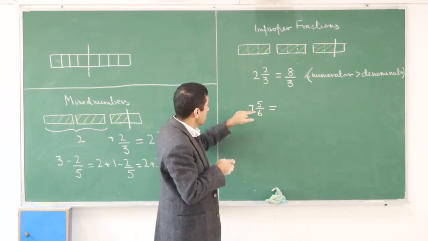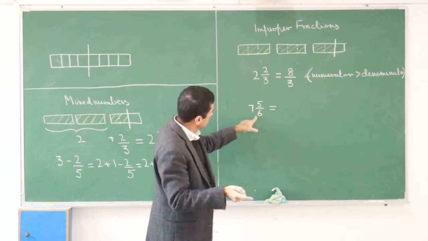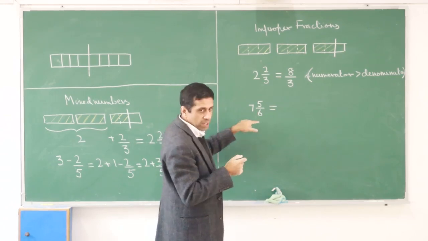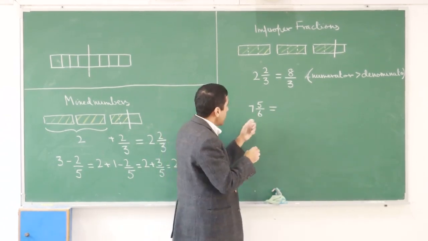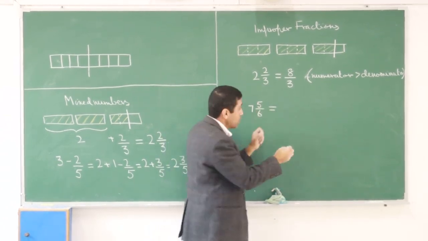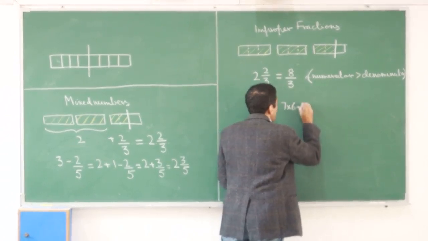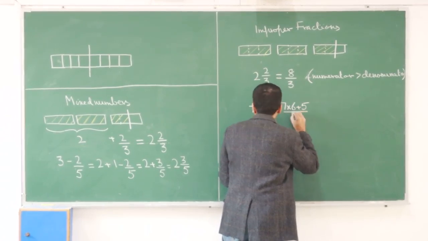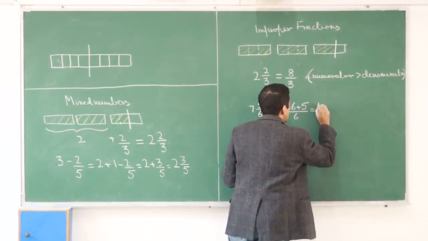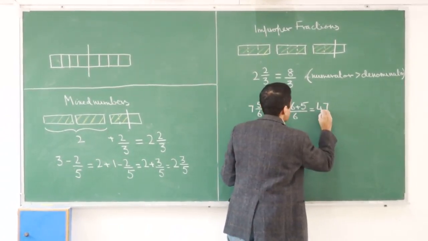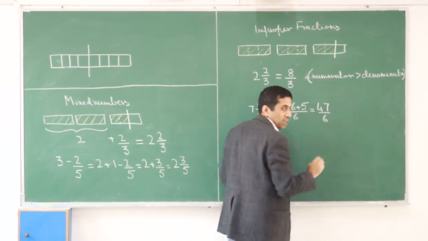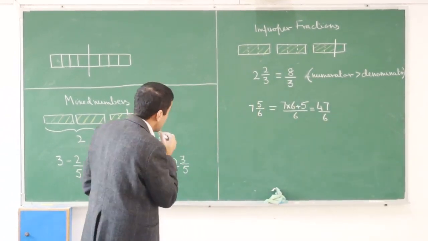So 7 times 6, 7 sixes are 42, and then plus these 5 sixths will make 7 times 6 plus 5 over 6, which is going to be equal to 47 sixths. Okay, this is the way you think about them.